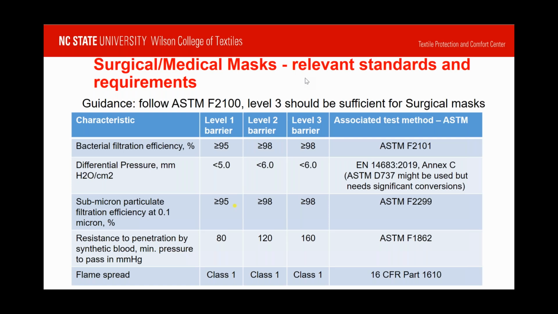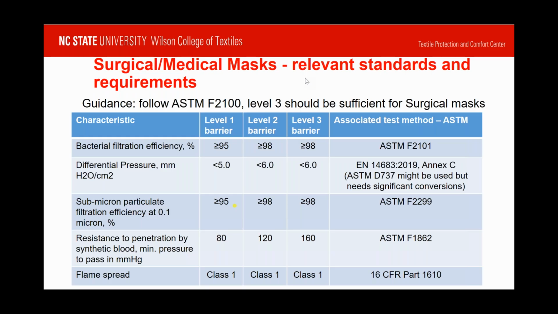But similar to the N95 masks, it does not only provide requirements for protection, but also for breathing resistance, which is the second here, the differential pressure, but it's measured according to EN 14683 Annex C. That is a different methodology than ASTM D737, which you might be familiar with.